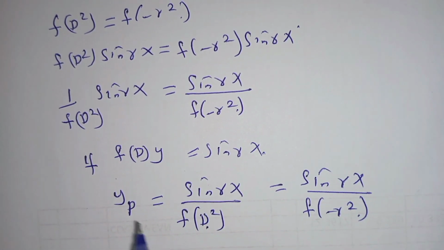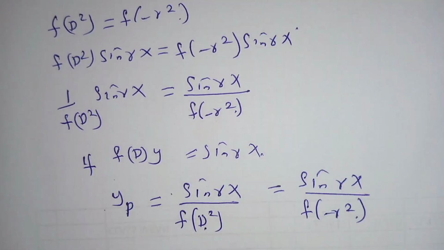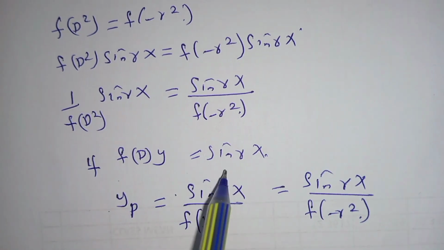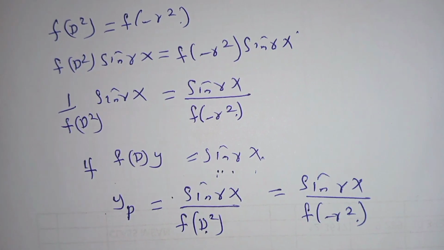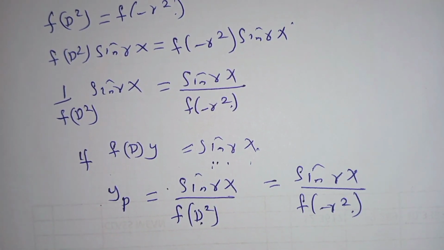Basically, that is how we obtain the particular part when our R(x) is equal to sine of rx.